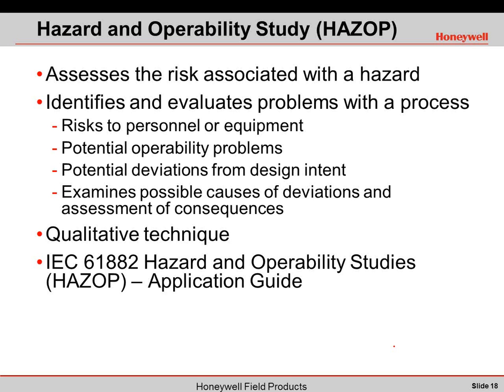It's a structured and systematic examination of a planned or existing process or operation in order to identify and evaluate problems that represent risks to personnel or equipment or prevent efficient operation. So it identifies and evaluates problems with a process, risks to personnel or equipment, potential operability problems, potential deviations from the design intent of the system, and it will also look at possible causes of deviations and assessment of the consequences of those.